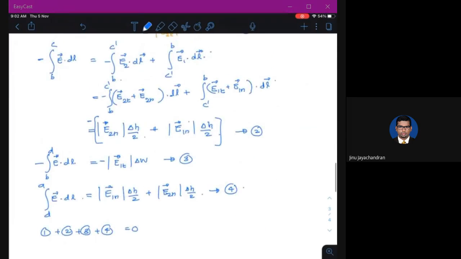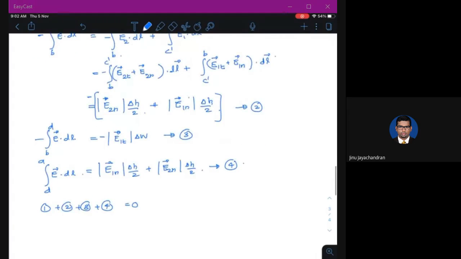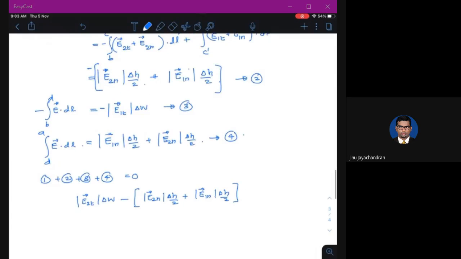So I can write this as the magnitude of E2t into delta W, minus the magnitude of E2n into delta h by 2, plus the magnitude of E1n into delta h by 2, minus the magnitude of E1t into delta W, plus the magnitude of E1n into delta h by 2, plus the magnitude of E2n into delta h by 2. This should be equal to 0.